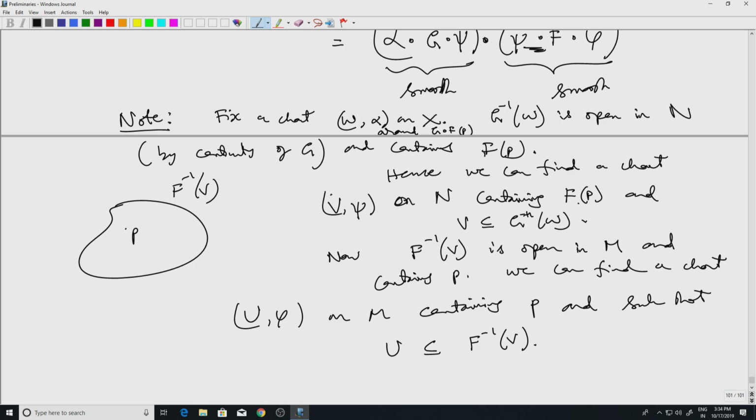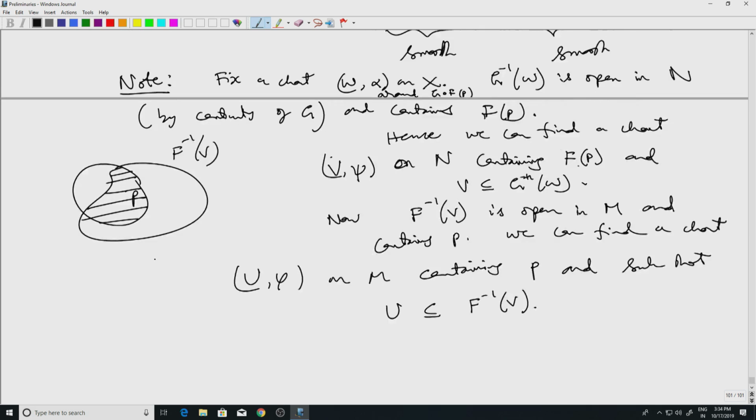Now, if we want a chart which is contained in this open set, we take any old chart around P that might not be contained in V, but all we have to do is intersect that chart with the open set V, and we still get an open set. So in other words, we still have a chart, but now that chart will be contained in V.